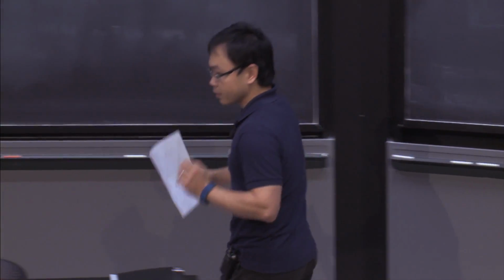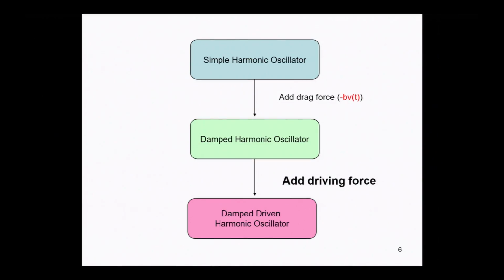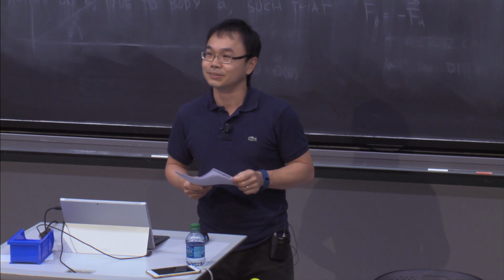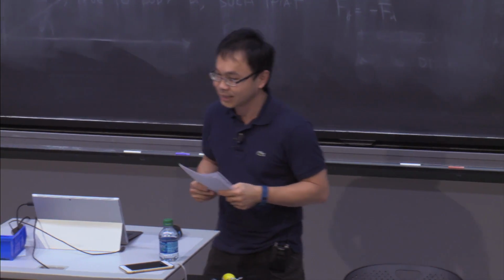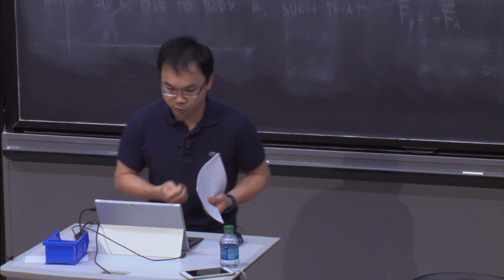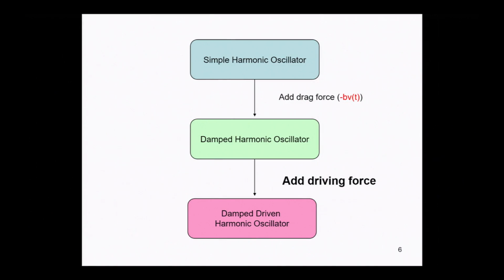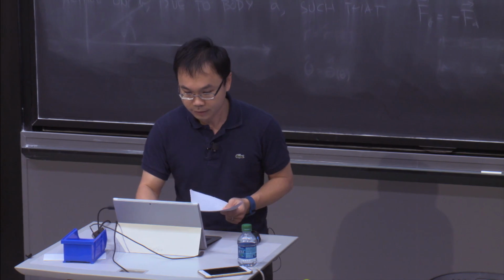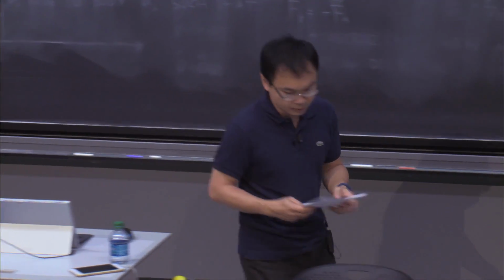Today, we are going to start to drive this system. We can introduce some kind of driving force and see how the system will respond to this external force. That will bring us to the situation of the damped driven harmonic oscillator. So let's immediately get started.